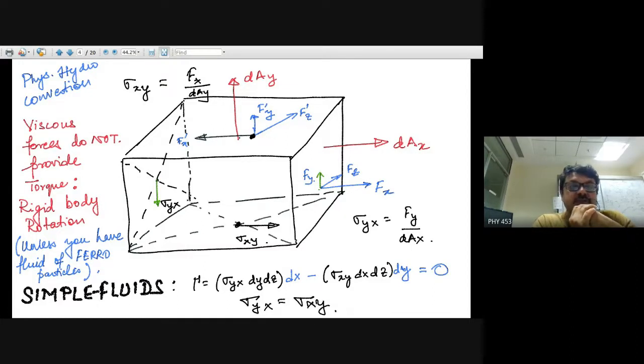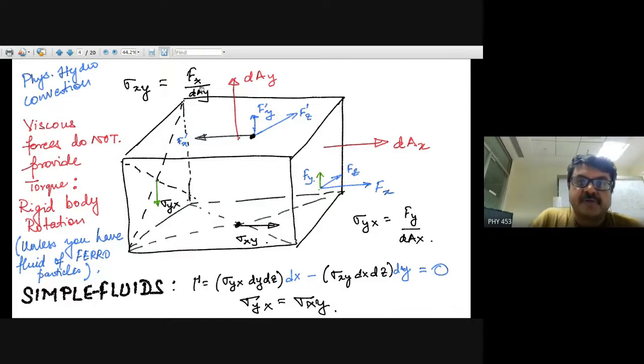Viscous forces do not provide torque to the entire element of the fluid, unless you have a fluid consisting of ferromagnetic particles and magnetic fields which cause these particles to rotate, and locally there will be generation of angular momentum. We are not considering such cases.